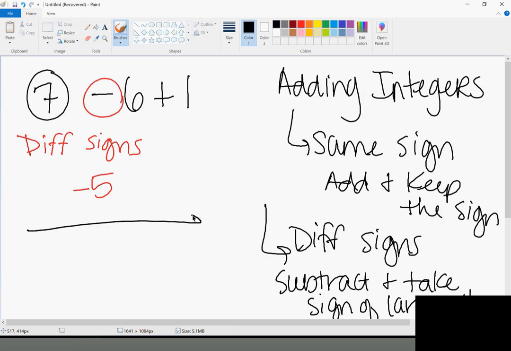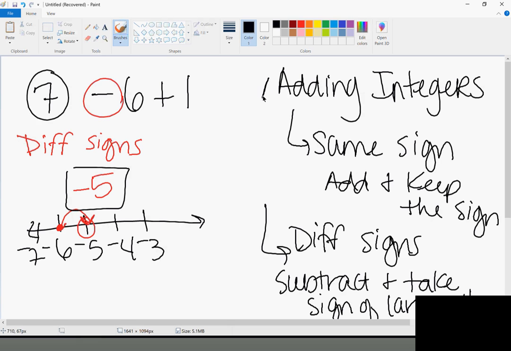If we want to look at that on the number line, here's -6, plus 1, so we go 1 to the right. We would end up right here at -5. But your answer is -5. But these are your rules for adding integers. Okay?